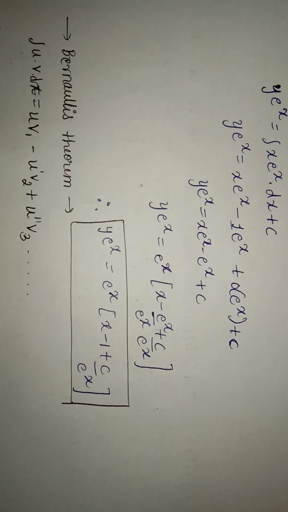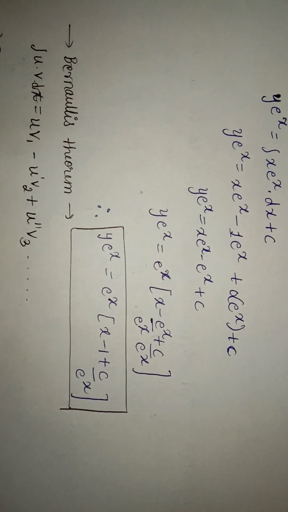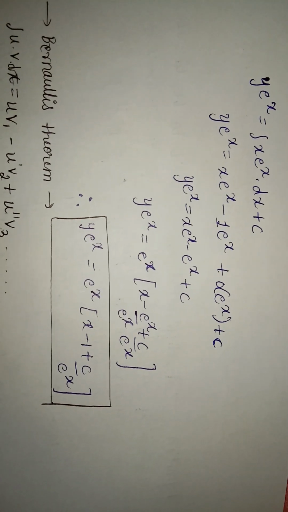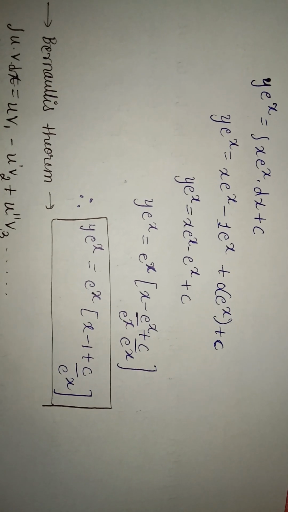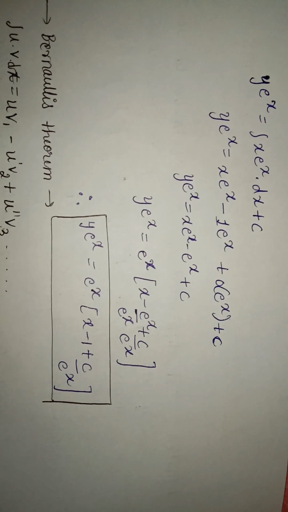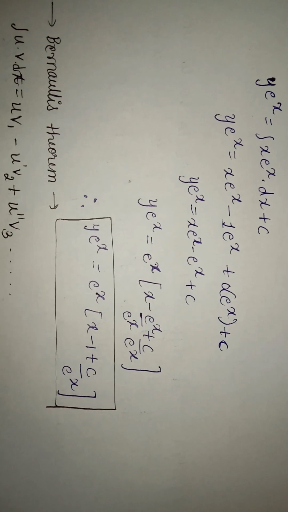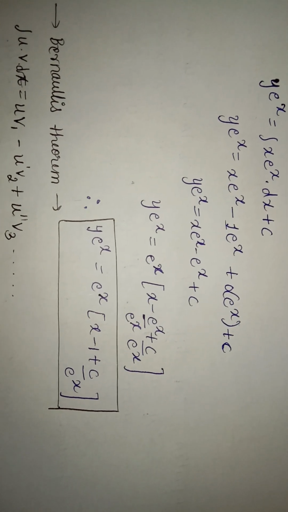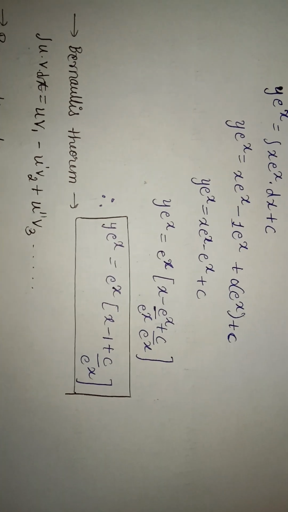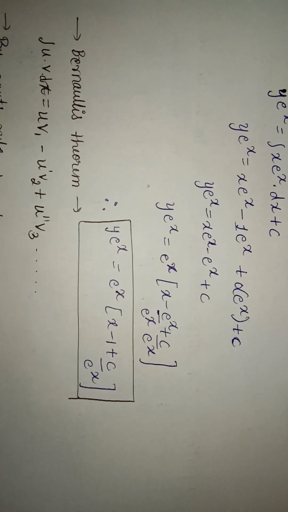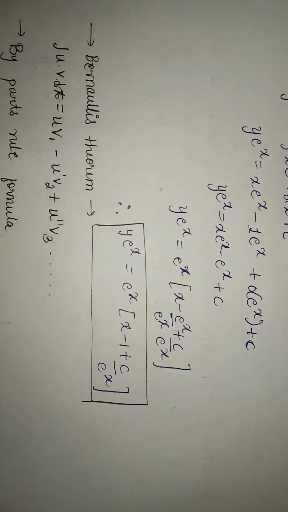Here x is an algebraic function and e to the power of x is an exponential function, so x will act as u and e to the power of x will be v. So I have applied Bernoulli's theorem and I have got the answer: y e to the power of x is equal to x e to the power of x minus e to the power of x plus c, that is, y is equal to x minus 1 plus c by e to the power of x.